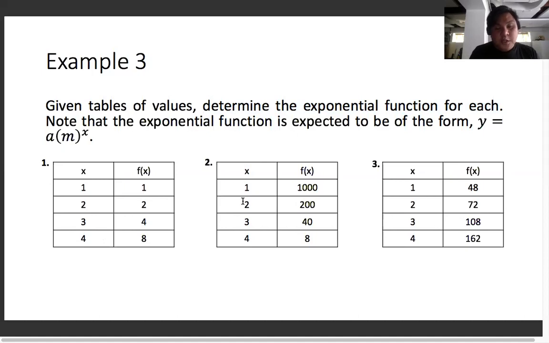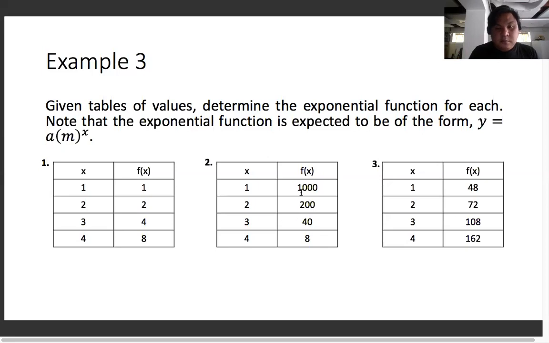For number 2, first figure out always the multiplier. From 1,000 to 200, take note that it's getting smaller. So you expect your multiplier to be between 0 and 1, a proper fraction.